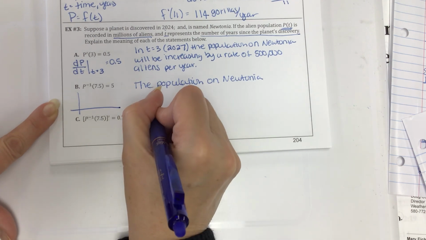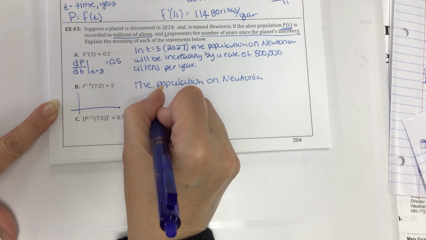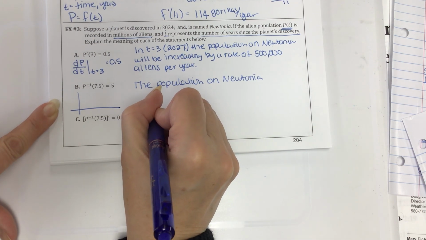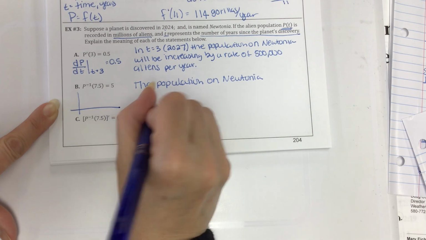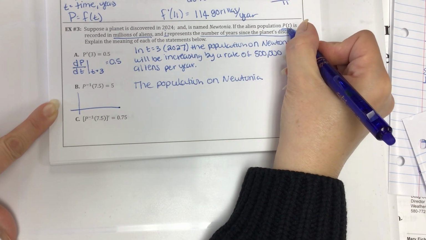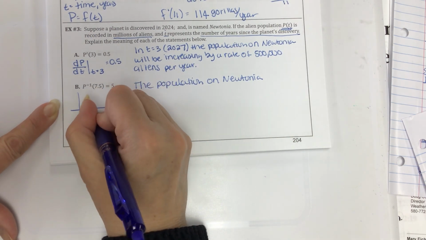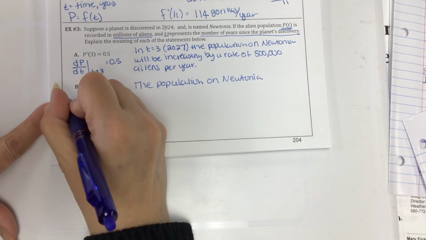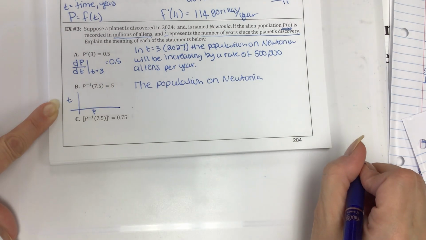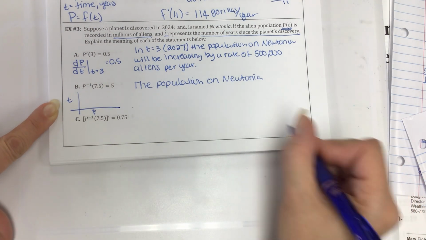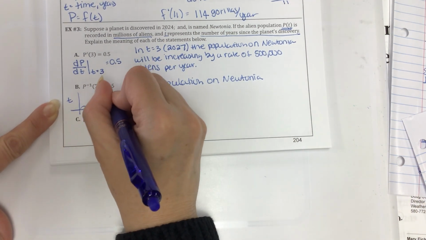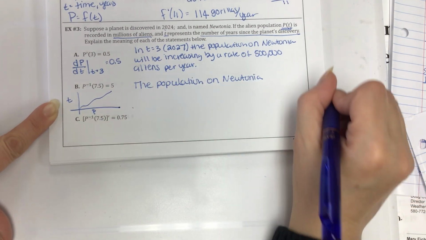Before, our Y was our population because that was the function, right? And our T was our X. So thinking about it that way, now our population would be across and our time would be up. That's what we're talking about here. So we're talking about the population growing in terms of time.